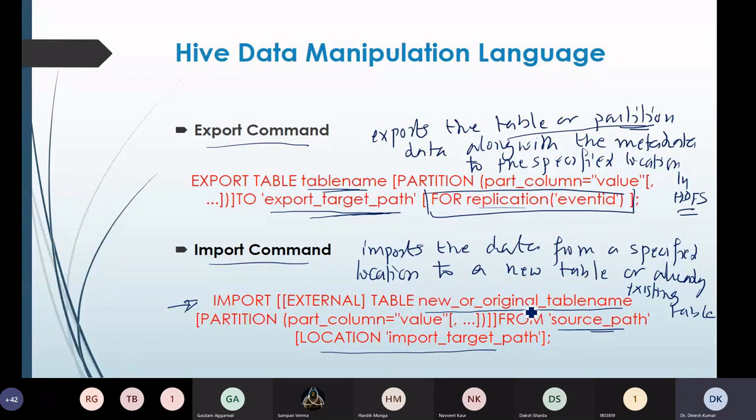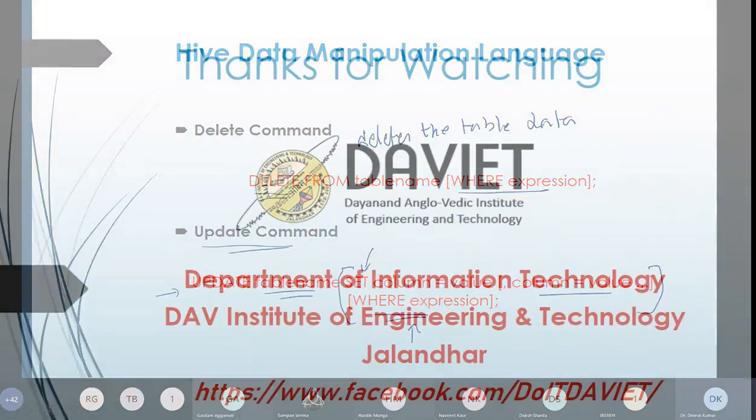If it already exists, it will import the data into that table. Then we specify from where you would like to import and the location where you would like to save the data. That is again optional. By default it will store in the home directory. This way we can use these commands. Now I will move to the demonstration part of some of these commands.